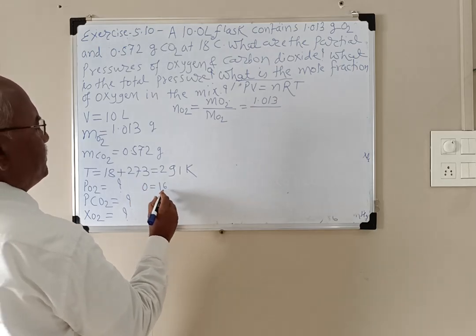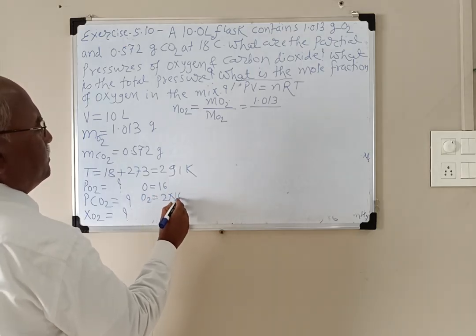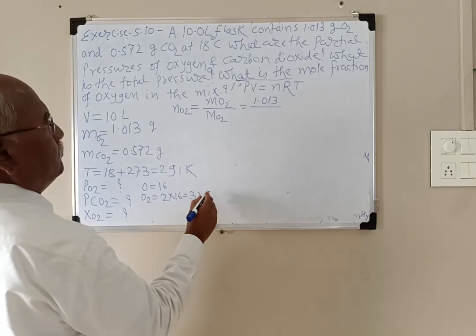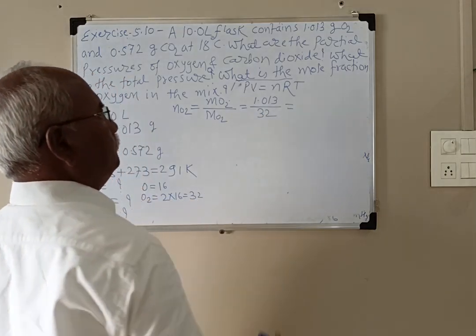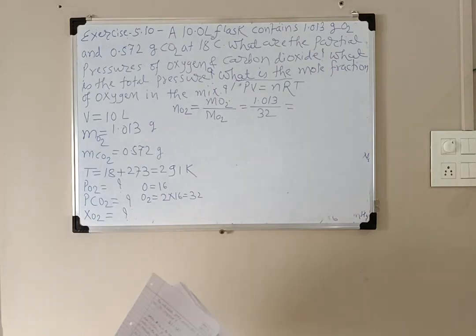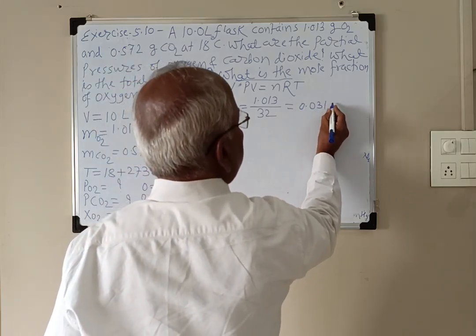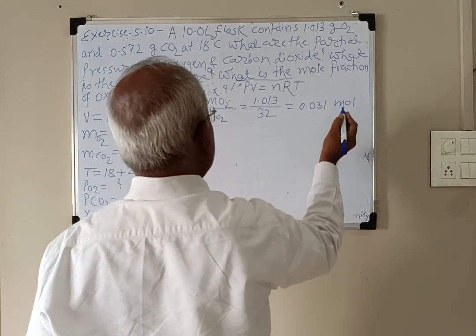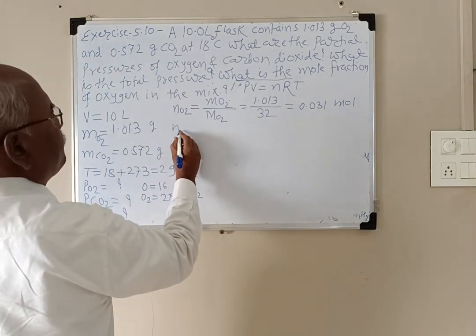Its molecular weight O2 is equal to 2 into 16, that is equal to 32, divided by 32, that is equal to number of moles. The answer is 0.031 mole.